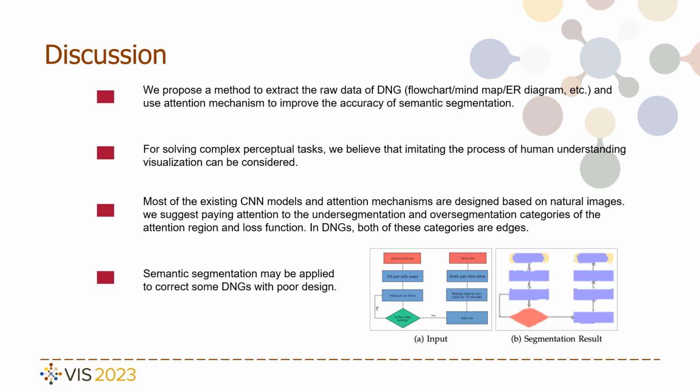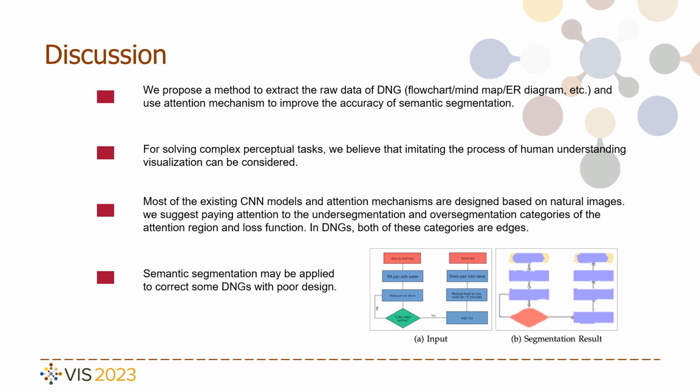For some complex machine perception tasks, it is a good method to imitate the process of human understanding of visualization. Our pipeline extracts data from graphs in 2 steps, which imitates how humans understand graphs by first obtaining global information and then restoring local information. During the try-and-error process, we also found that most existing semantic segmentation models are suitable for natural images.